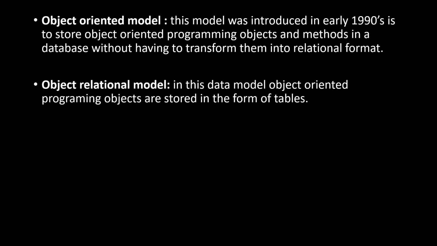In this, the data is stored in the form of objects and the objects are stored in the form of tables. This is less efficient compared to the relational database model, so it also failed. And finally, in real time, till now, we are using the relational database model only.